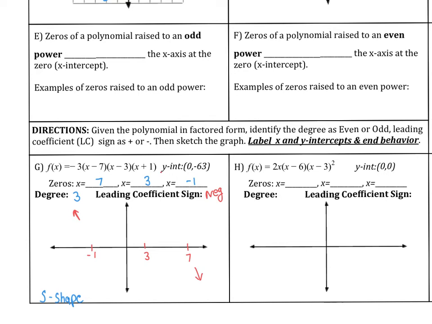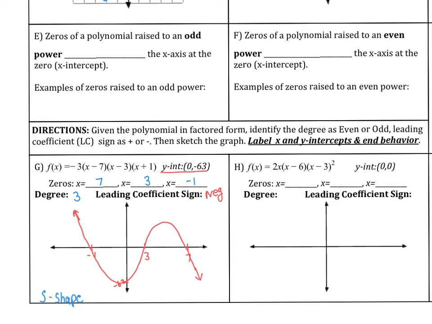Now the y-intercept is given as -63, which I would imagine would be right here. So the graph is going to look like this. The graph of a negative leading coefficient rises on the left side and falls on the right.